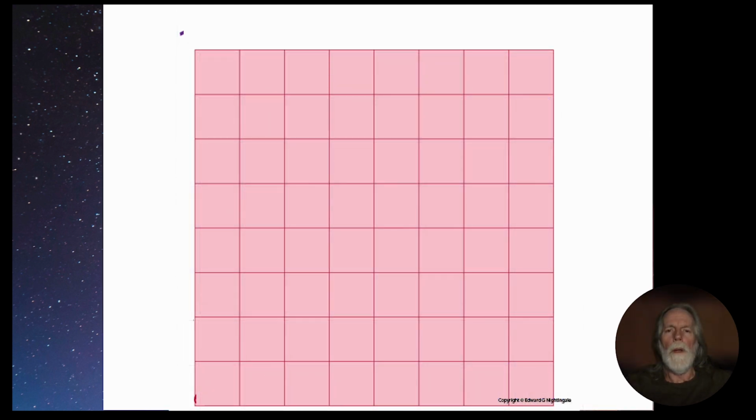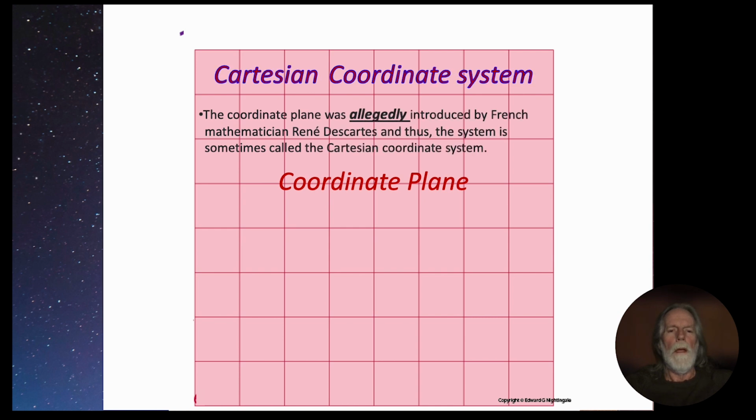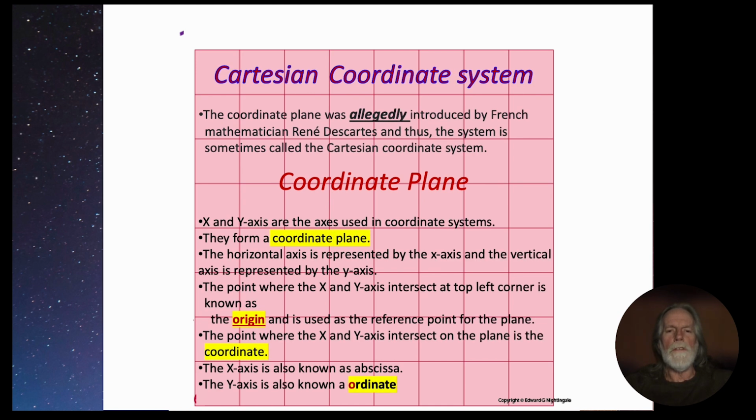By combining Plato's lambda with our 8x8 square, using it as a coordinate plane, we can plot the coordinates and their corresponding numbers. So the coordinate plane was allegedly introduced by French mathematician René Descartes, in a system sometimes called the Cartesian coordinate system. The x and y axes are used in coordinate systems. They form a coordinate plane.